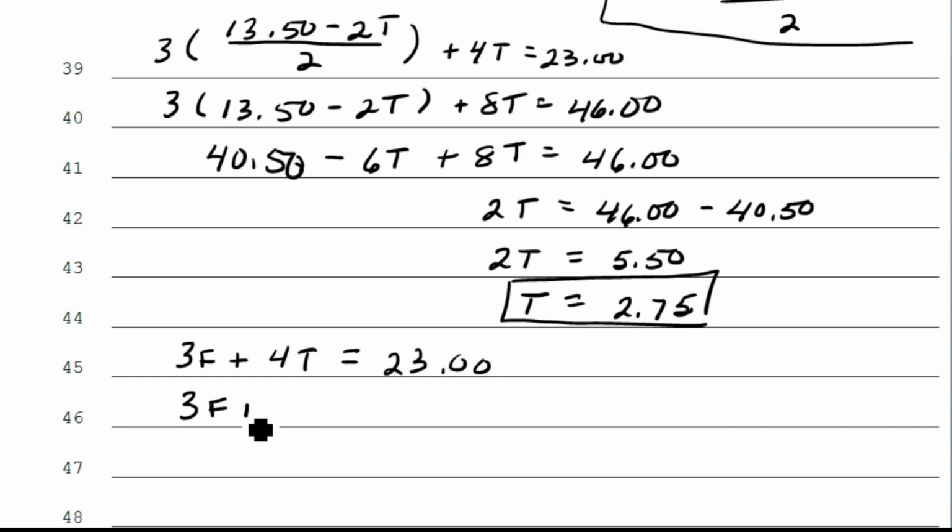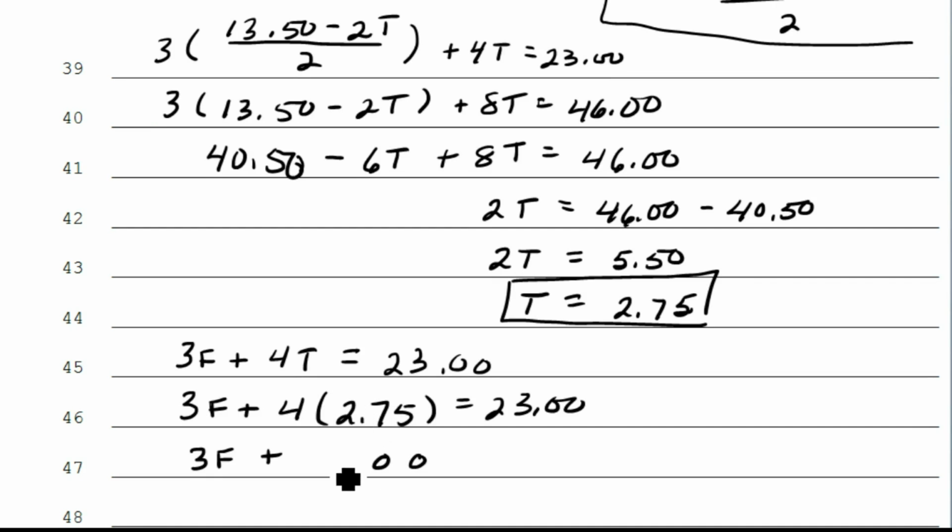So 3F plus 4 times 2.75 equals $23. 3F plus 4 times 2.75 is $11, equals $23. 3F equals 23 minus 11, equals $12.